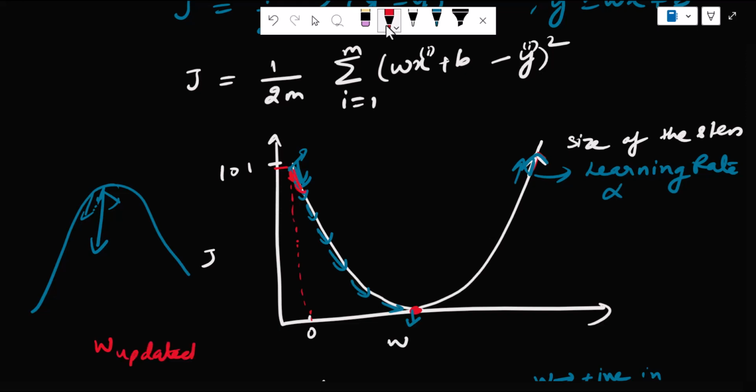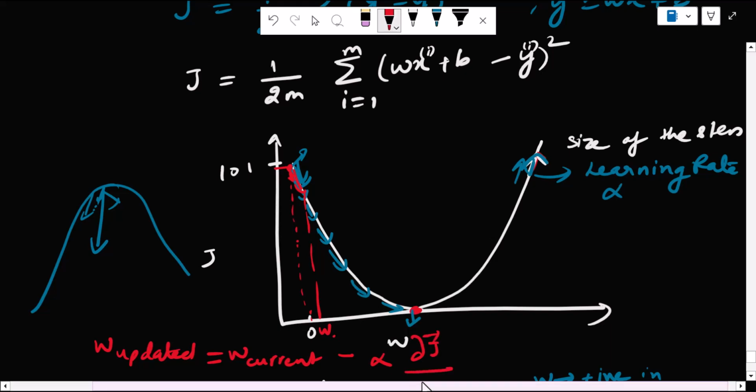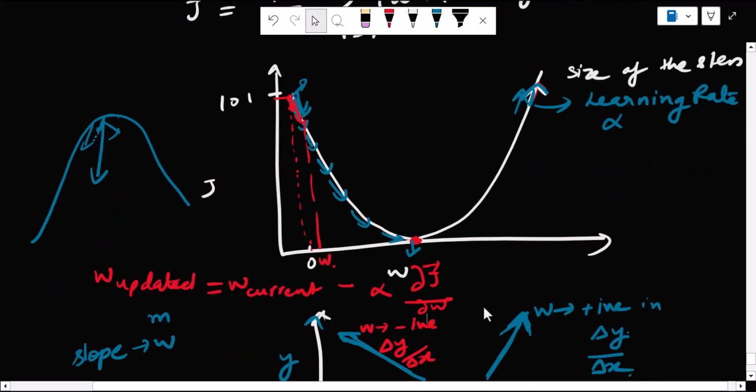Let's say we jumped over here and we want to find this w updated, which is equal to whatever w we have started with, let's say w current, minus alpha times the rate of change of cost function with respect to w.